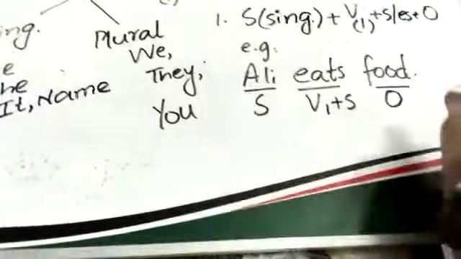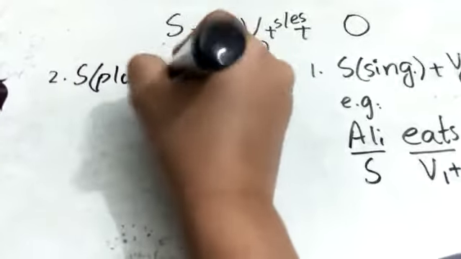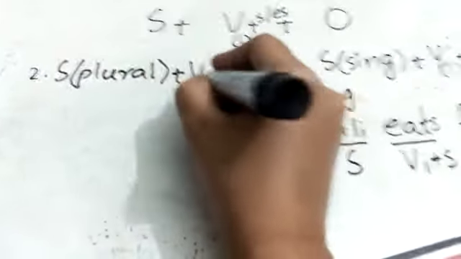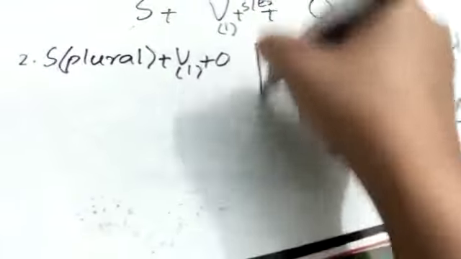But in the second case, if we have a plural subject, more than two people, then we just have to use verb first form without s or es, and your object.